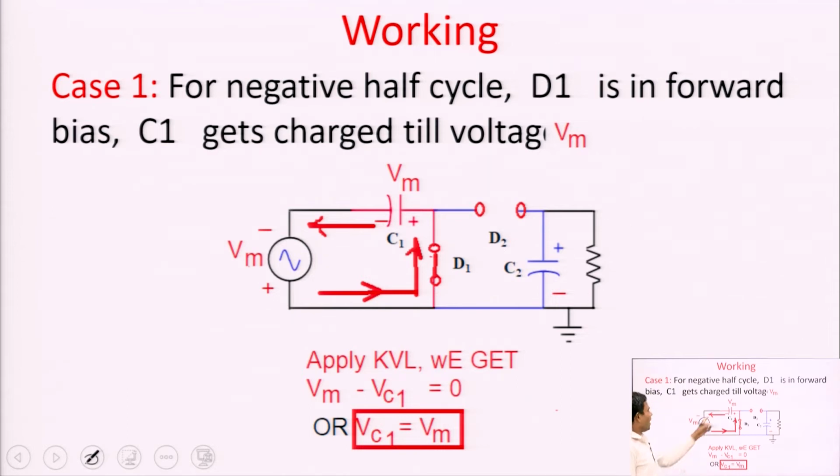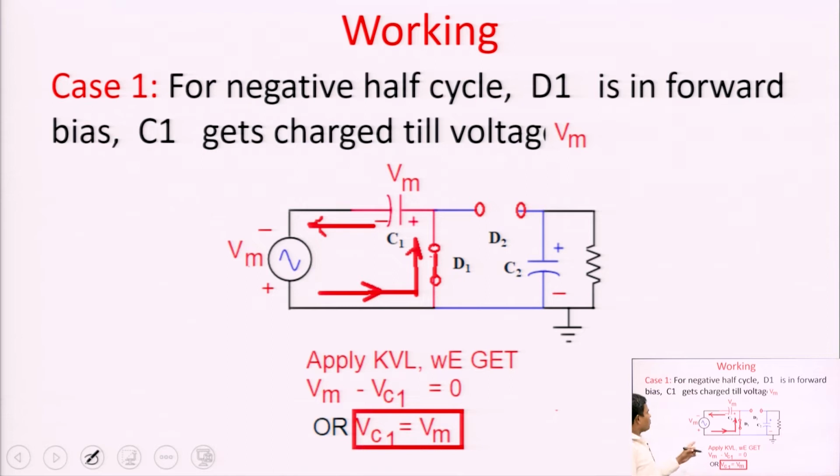What will be the voltage across C1? By applying KVL, we can write this equation: Vm minus Vc1 is equal to 0. This means Vc1 is equal to Vm. Why does the capacitor C1 get charged rapidly till voltage Vm?